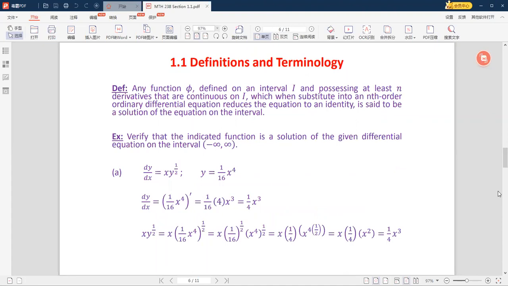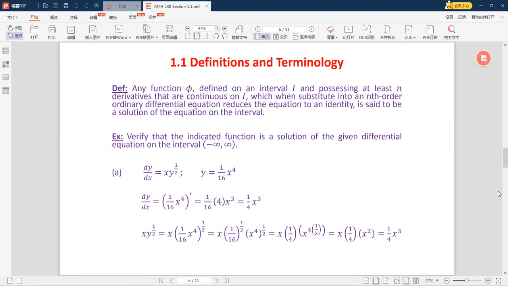Let's do one more definition before we do the examples. Let's talk about the solution, what it means by a solution of a differential equation. Obviously, when we have an equation and we want to solve it, the solution of a differential equation will be a function y, as I said before.